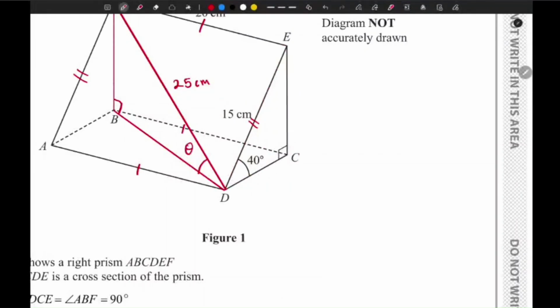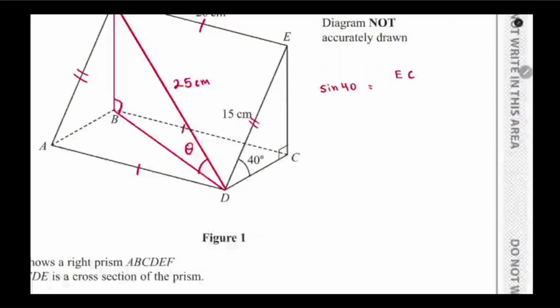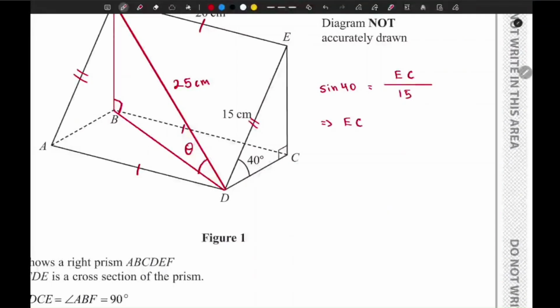So we can say that sine 40 degrees is equal to opposite divided by hypotenuse. So if we make EC the subject, we will get 9.64 centimeters.